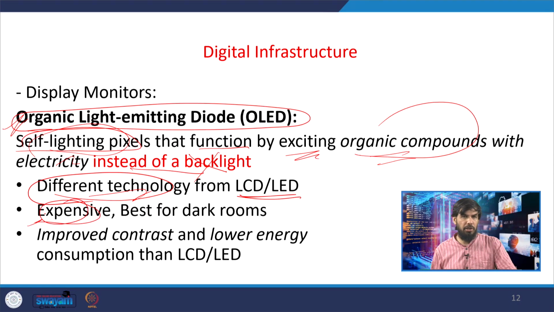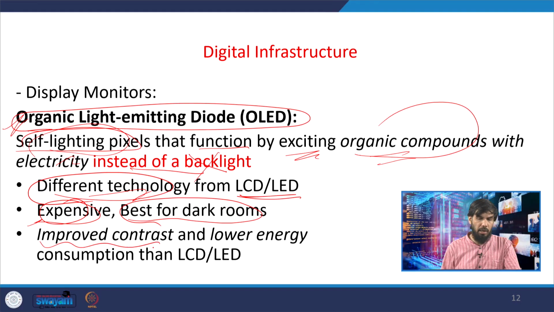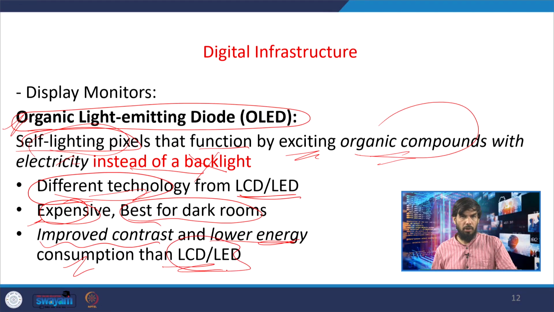OLED is an expensive technology, best for dark rooms. In darker rooms it is considered the better option. Then contrast improves, and energy consumption is lowered in comparison to LCD or LED. There are lots of benefits that go in favor of OLED.